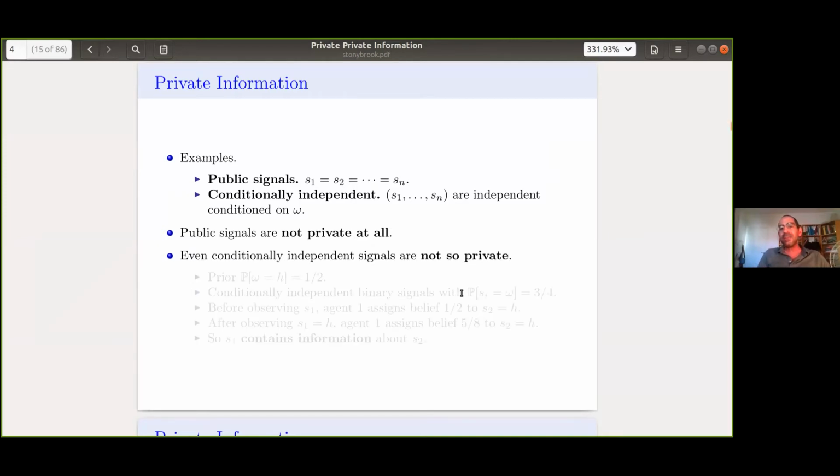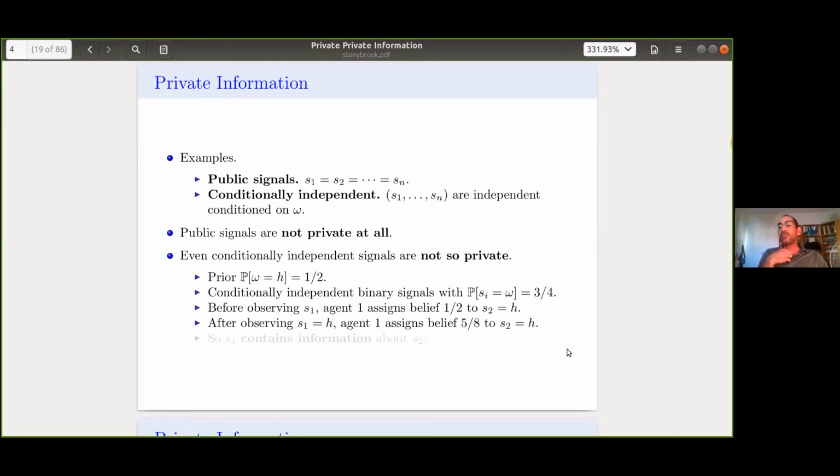And in fact, even these conditionally independent signals are not so private. So what do I mean by that? Imagine that the prior over the state is half-half, and that the signals are conditionally independent. They're binary, and they're correct with probability 3/4, right? So when I hear my signal, I know that the state is either high or low, depending on my signal, with probability 3/4. So before agent one observes their signal, they assign belief 1/2 to the other person's signal being high.